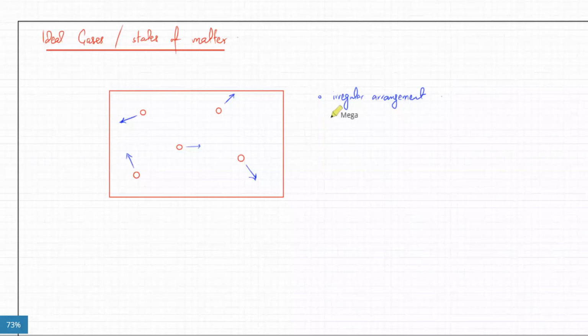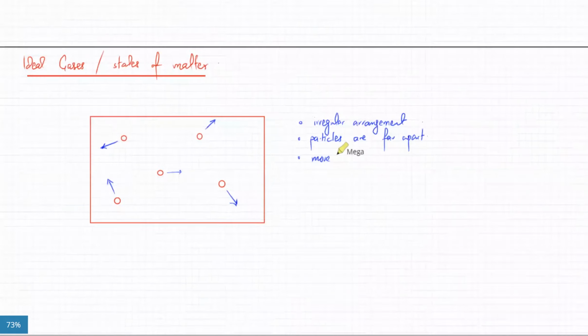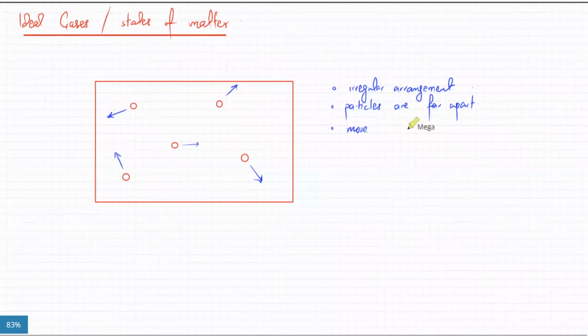They're far apart from each other. That's the second point: particles are far apart in gases. How are the particles moving? They move freely and randomly in all directions.